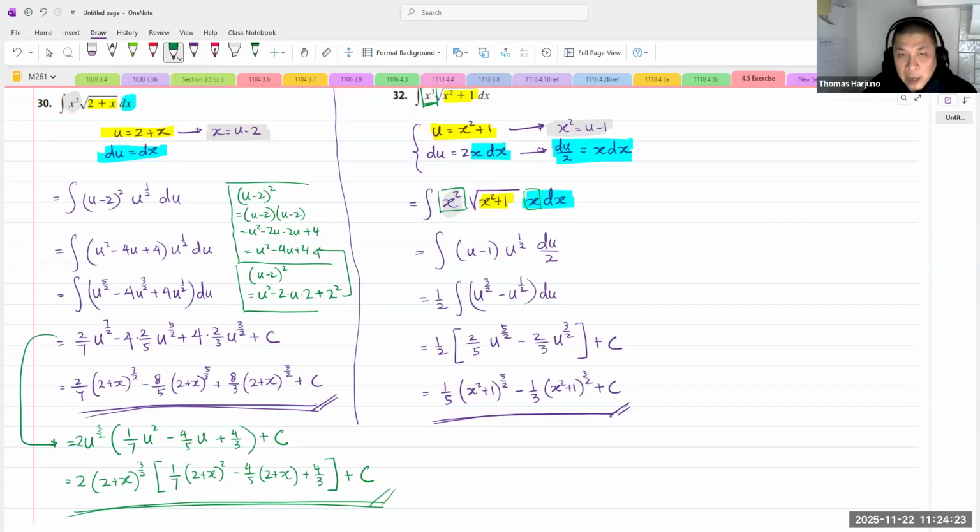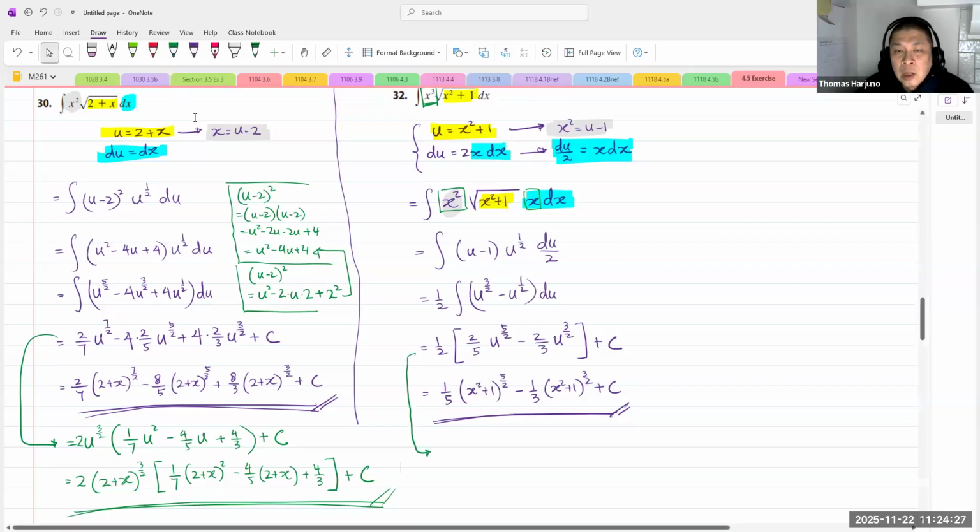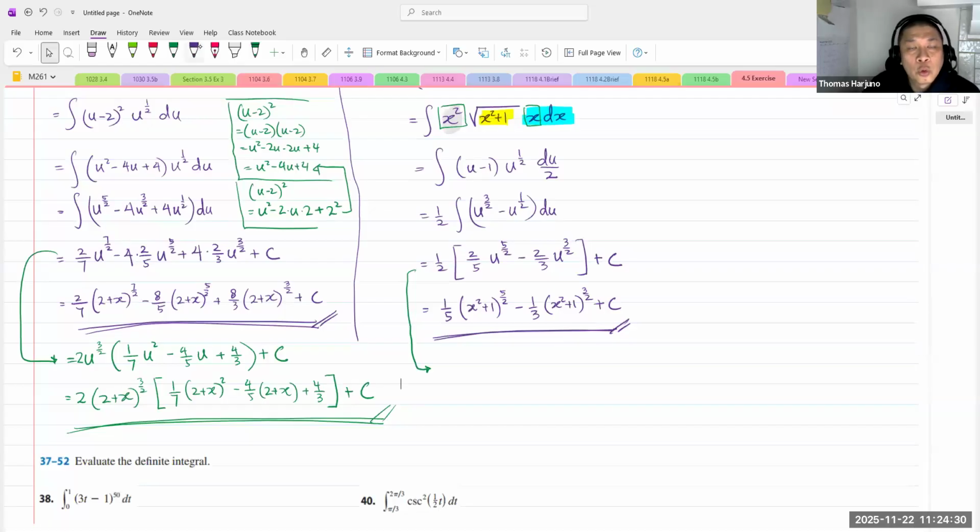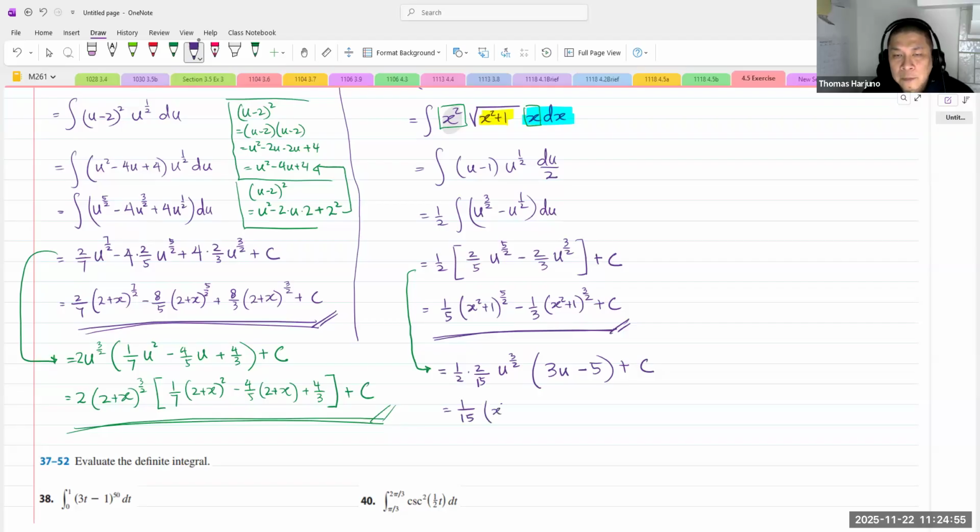Now, again, in anticipating that you will go to differential equations, I think I will factor out the 2/15 and u to the power of 3/2. So inside the parentheses, I will get 3u minus 5 plus constant. That will be 1/15 u to the 3/2.